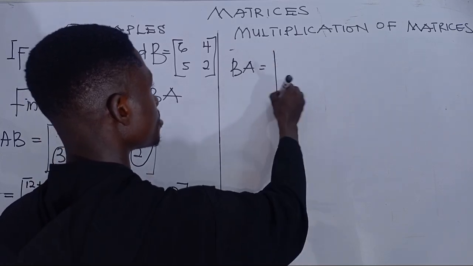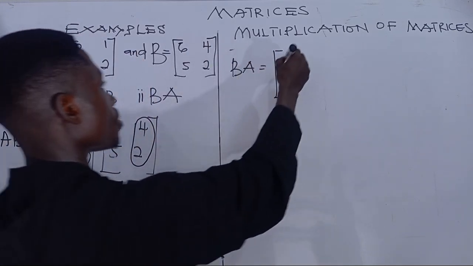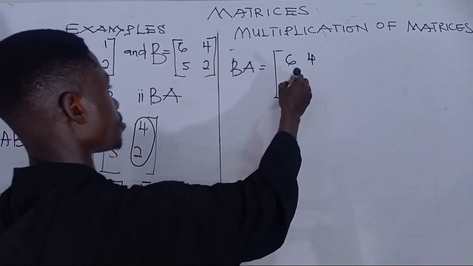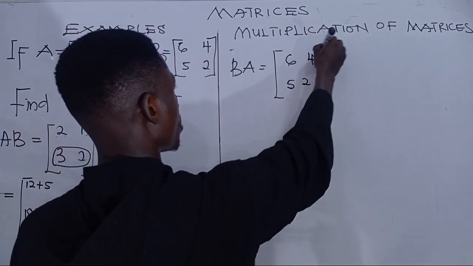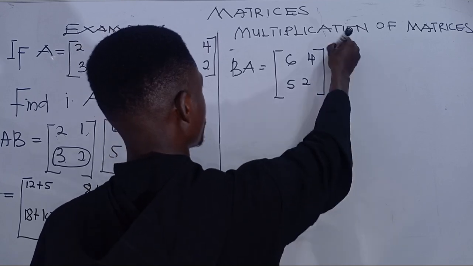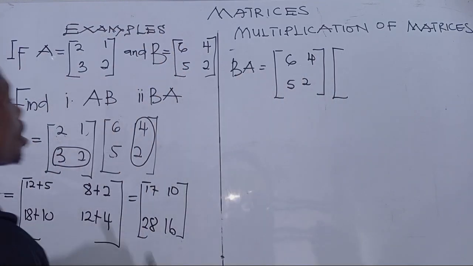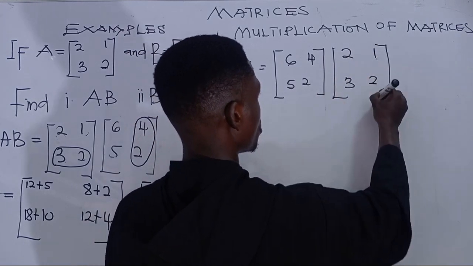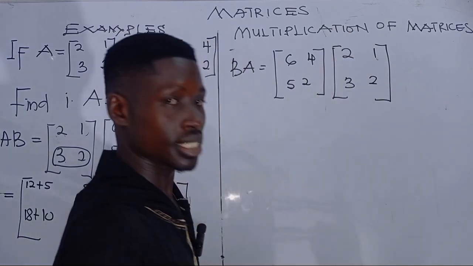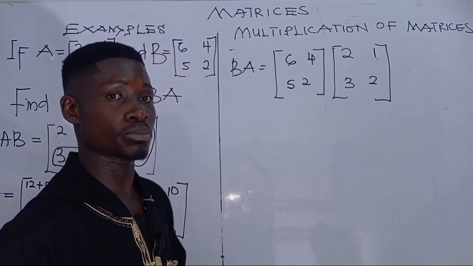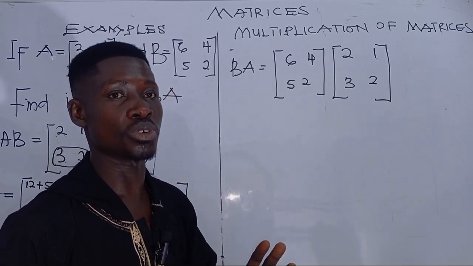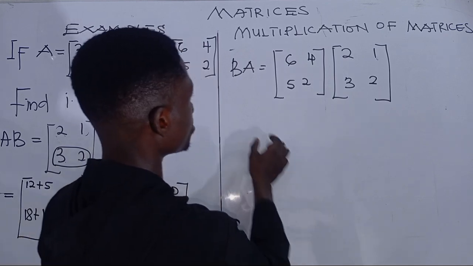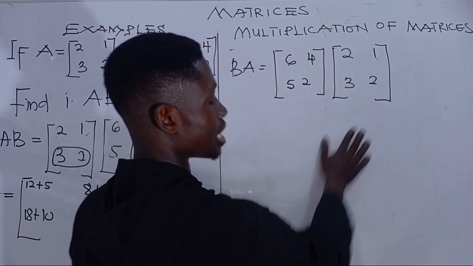So we have 6, 4, and then 5, 2. And then matrix A, we have 2, 1, 3, 2. The order of multiplying two matrices together plays a very key role. Don't mess this up.